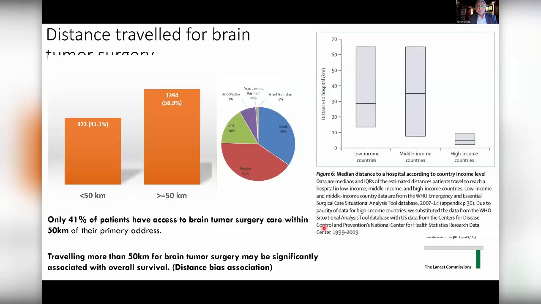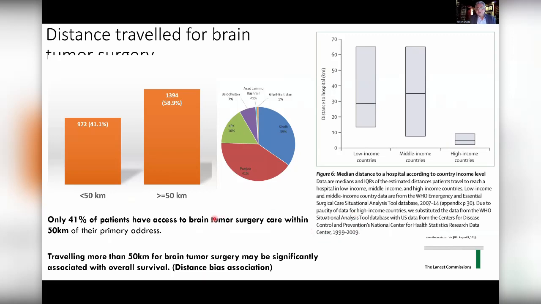When it comes to distance, this has been shown and published by the Lancet Commissions: the distance to the hospital in high-income countries is less than 10 kilometers, and for LMIC is about 30 to 40 kilometers. Whereas what we found is that about 60% of patients were traveling more than 50 kilometers, and about 20% of patients were actually traveling more than 500 kilometers.